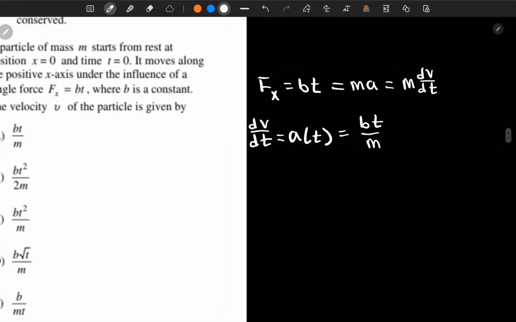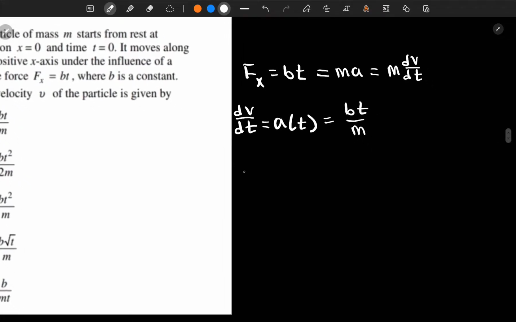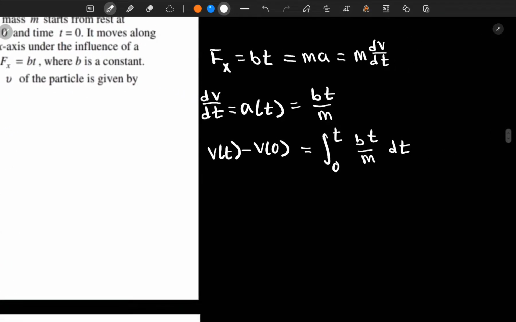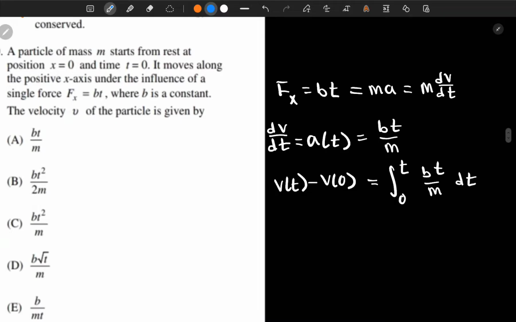So, integrating both sides of this equation, we find that we have v of t minus v of 0 is equal to the time integral of bt over m dt. Well, we're given that the mass starts from rest, so we know that v of 0 is 0.